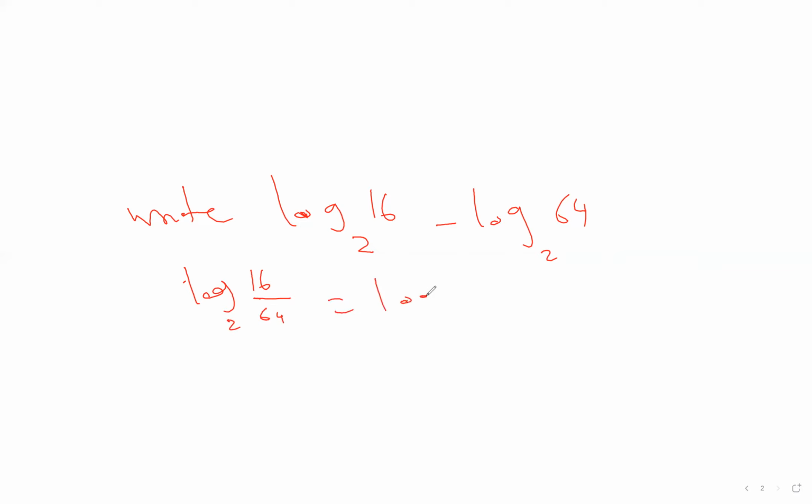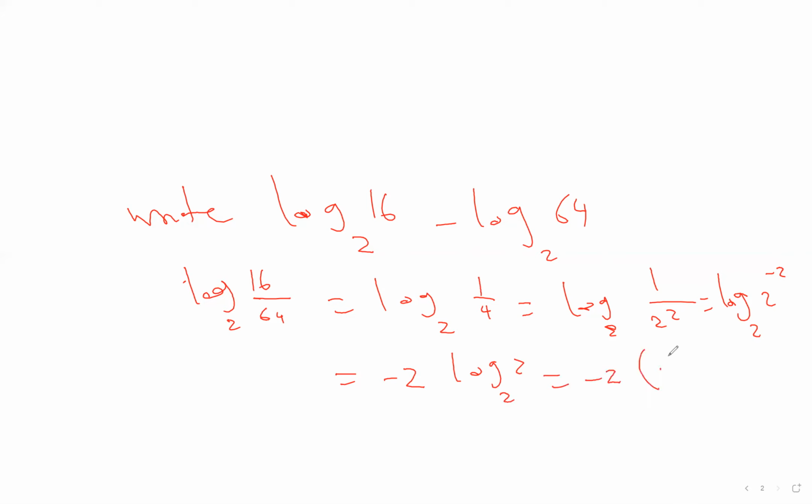It will be log of 16 over 64, which is 1 over 4, to the base 2. It will be log 1 over 2 to the power of 2 to the base 2. It will be log 2 to the power of negative 2 to the base 2. And as a property of logarithms, you can put negative 2 as a product. It will be negative 2 log 2 to the base 2, which equals negative 2 times 1 equals negative 2.